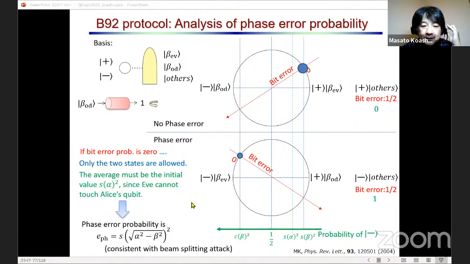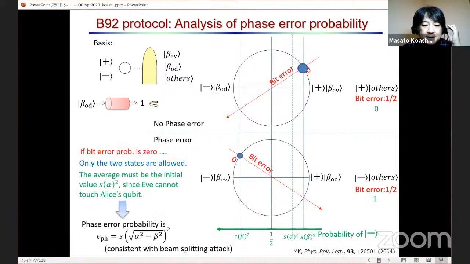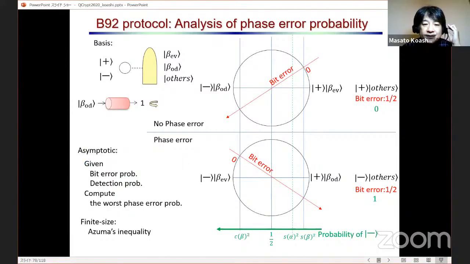If you compute this, you end up with this quantity, which is consistent with the beam splitting attack. If you want to analyze the generalized case with a positive bit error, you must do some numerics. So given the bit error probability and detection probability, compute the worst phase error probability.